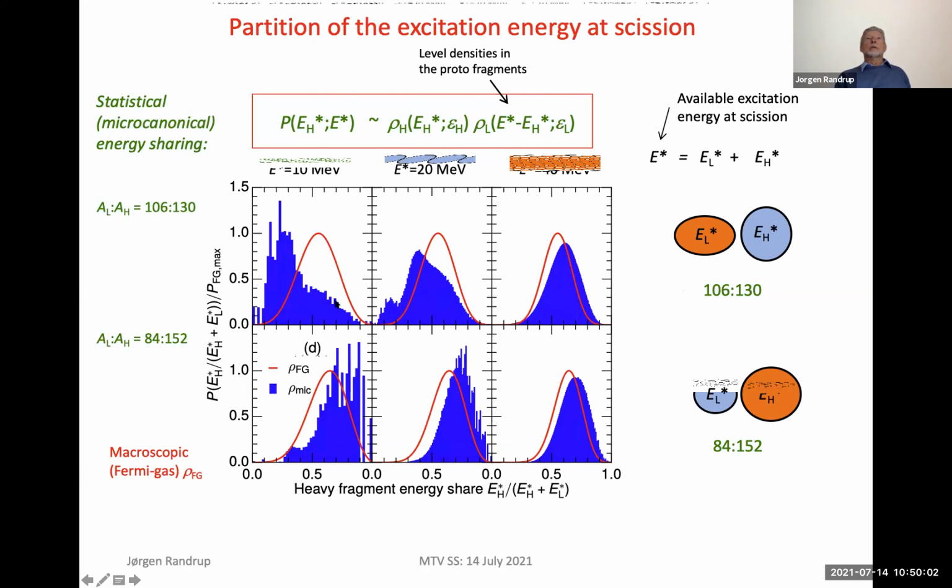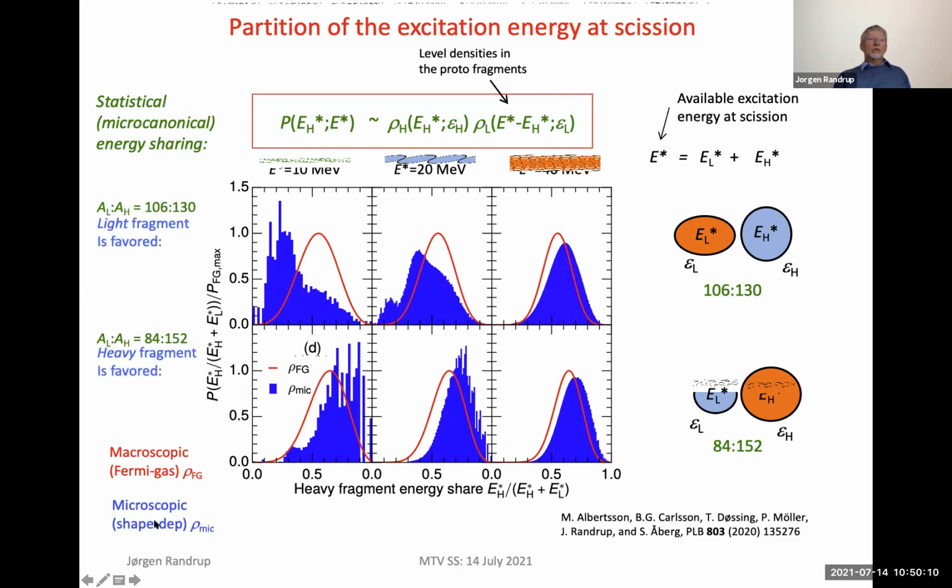You see as you go up in energy, of course, the distribution of energy becomes narrower and narrower. But now the interesting thing is that if you put in microscopic level densities that do depend on the shape, then you have big variations in the level density based on how the level structure is. And in this case here, the nearly symmetric case, the light fragment is favored.